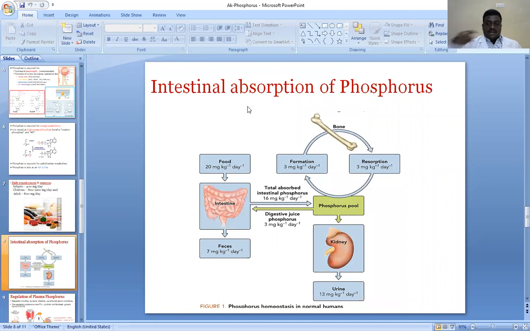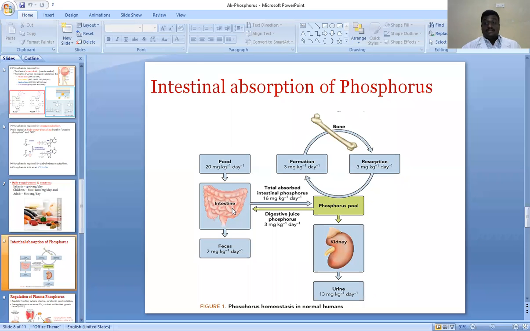So when we are taking different sources of phosphorus, how does the phosphorus that enters the intestine function further? Foods containing phosphorus are absorbed in the intestine, especially the jejunum and ileum. This absorption mainly depends on vitamin D3.